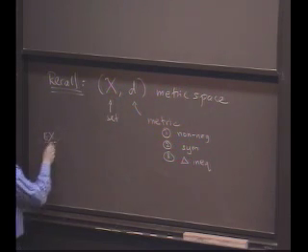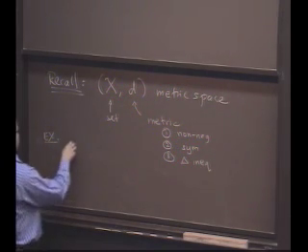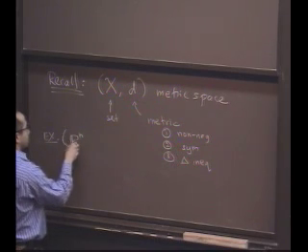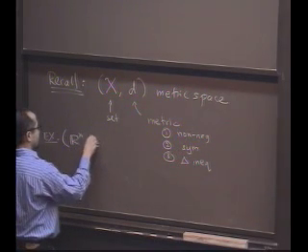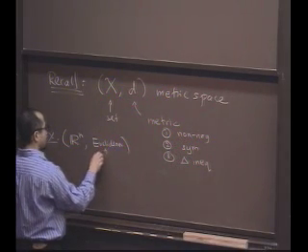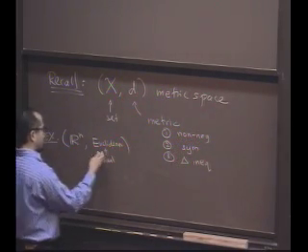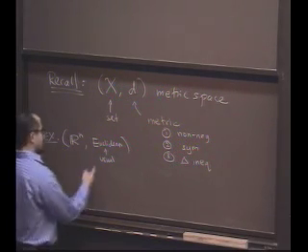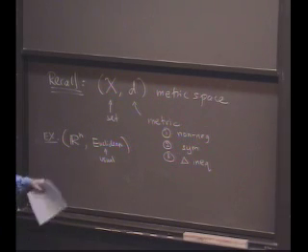Okay, so we've seen some of the usual metrics. Usually when you say Rn, what you really mean is Rn together with the Euclidean metric. This is what you normally think of as the usual metric. If you don't specify it, you just assume that Rn has the Euclidean metric. That's given by the absolute value of the difference, if it's a real number.